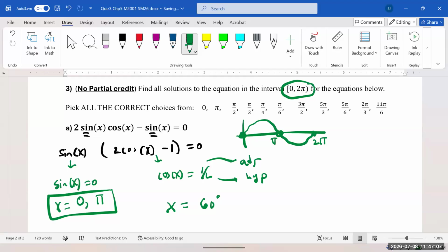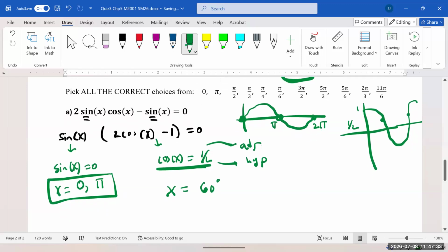But since our domain is 2 pi, we have to have two solutions. If you look at the cosine graph, this is 1 and this is 1/2. Cosine is 1/2 twice. One is here and one is there. So if you give me one answer, another answer is missing. How can you find the other answer? This is actually easy with the graph.